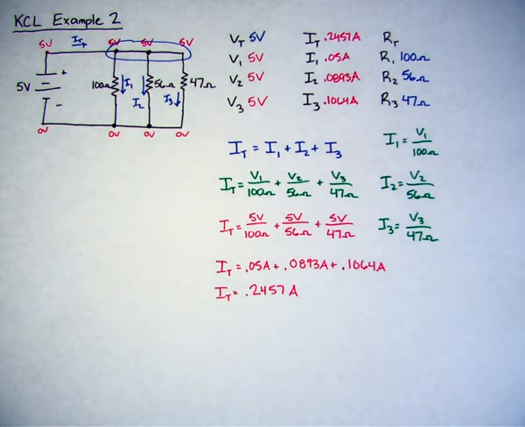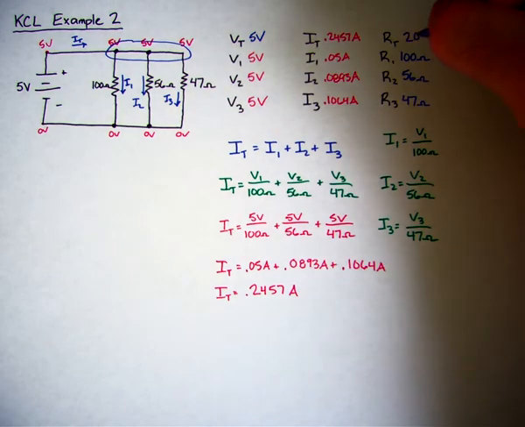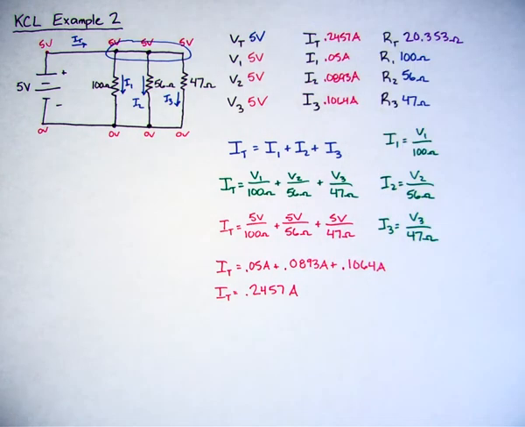To find the total resistance, I'm just going to use Ohm's law. So 5 divided by 0.2457, using what I already had in my calculator, I get a total resistance of 20.353, rounded to 3 decimal places. 20.353 ohms. That's my total resistance.